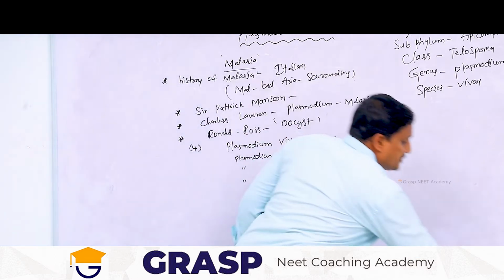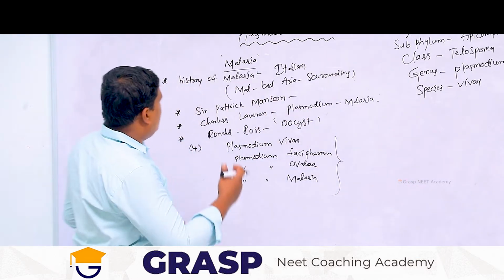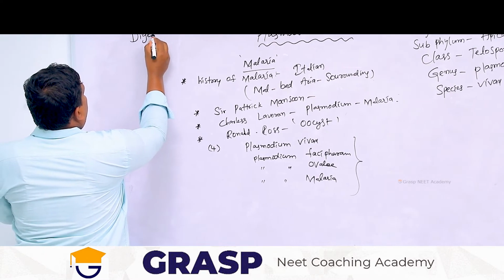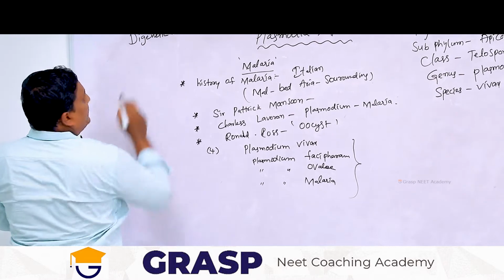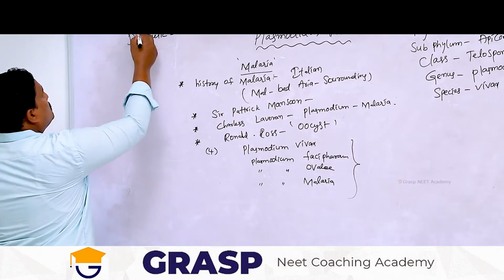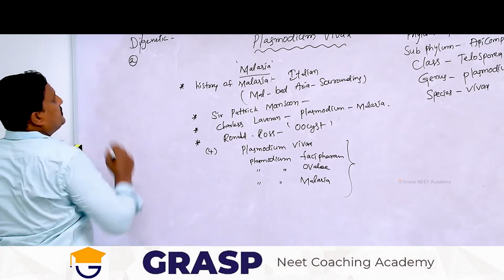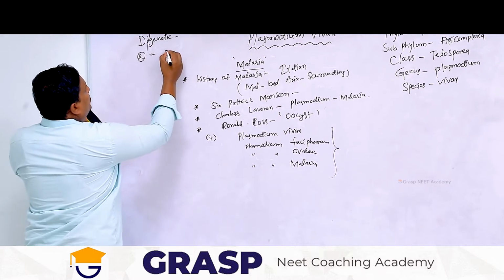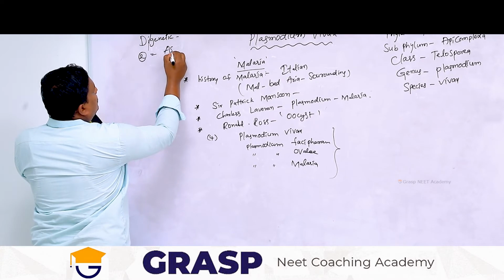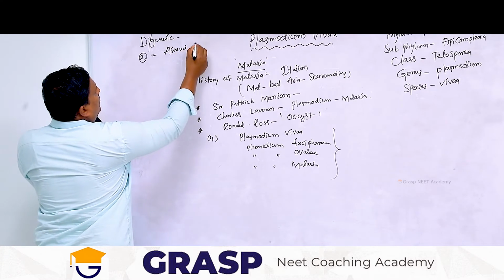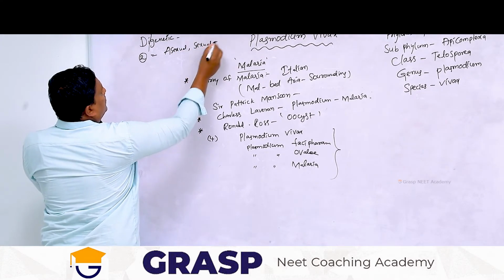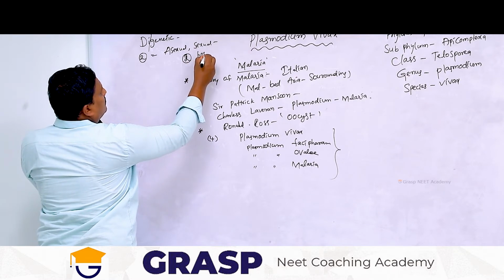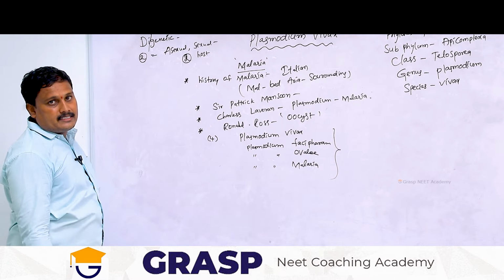Actually the malarial parasite is a digenetic parasite, where di means two. A parasite that completes its asexual and sexual maturation in two hosts is known as a digenetic parasite.